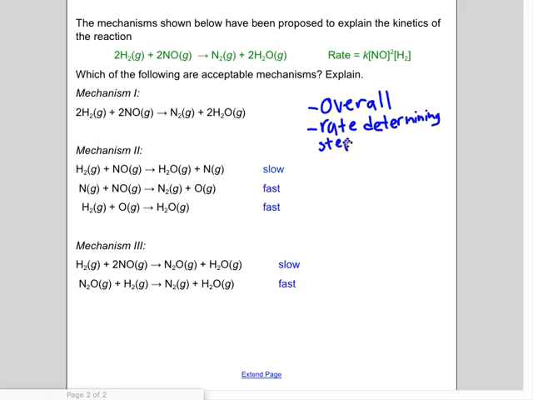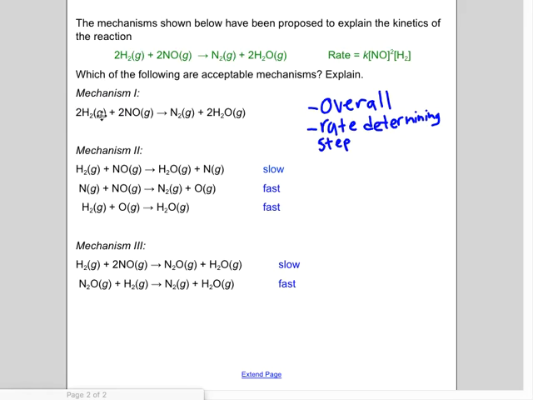All right. So let's just go through each of these and check what their overall reaction is and check their rate determining step and just see, could they be consistent with our actual equation and our actual rate law. All right, so let's start with mechanism 1. Mechanism 1 only has one step.